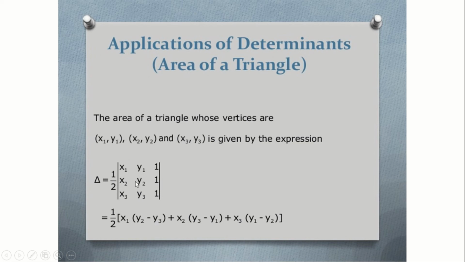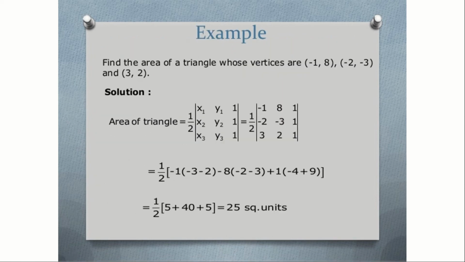So x1 into (y2 minus y3). In the same way, for x2, this row and this column get deleted. So when I take x2, it will be y3 minus y1. And when I take x3, this row and this column will be deleted, so it will become y1 minus y2. Okay. So this is the way of deriving the formula for the area of a triangle.